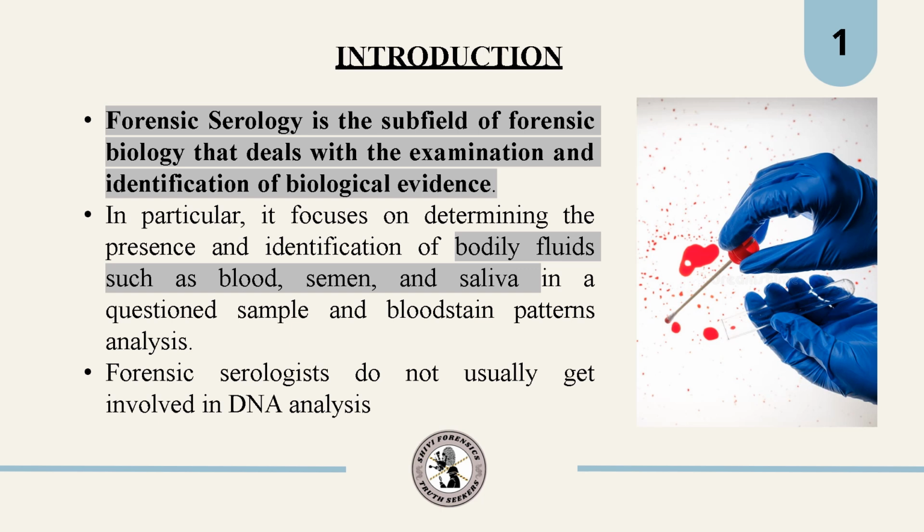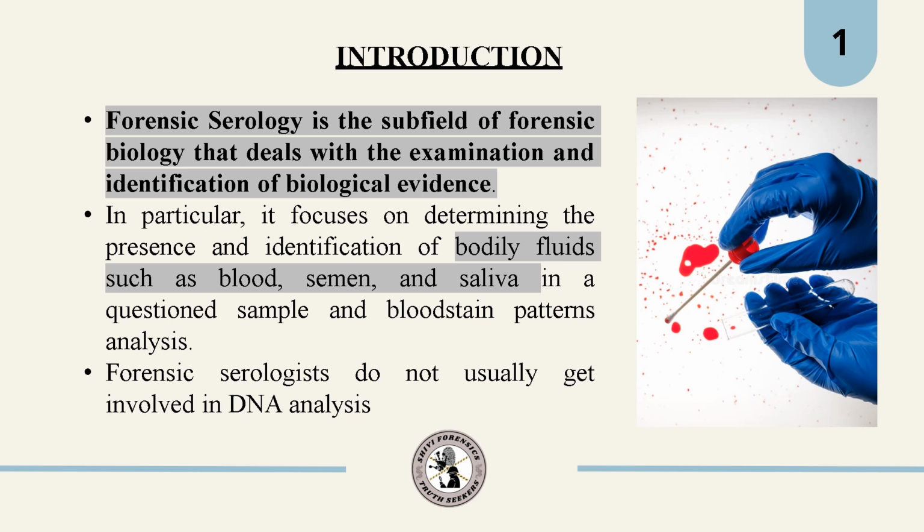For example, when you go to a crime scene and you see any fluid present on the floor or on clothes, you will look at the physical state of that fluid and determine whether it is a biological fluid or not based on that. Afterwards, presumptive and confirmatory tests would be performed on it to determine whether this fluid is actually biological fluid or not.